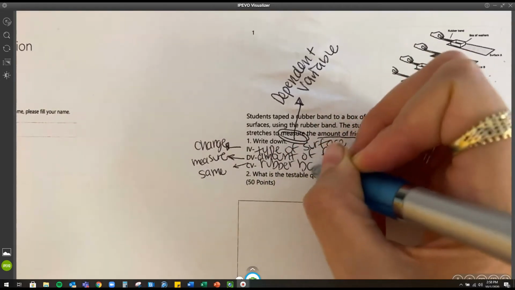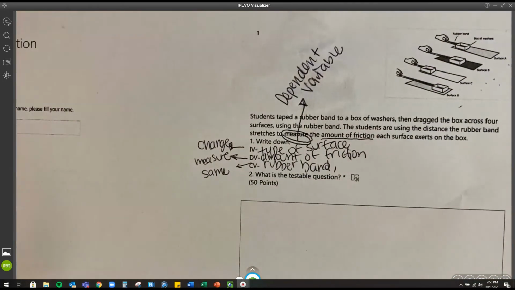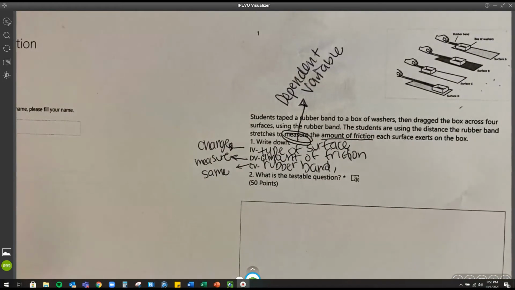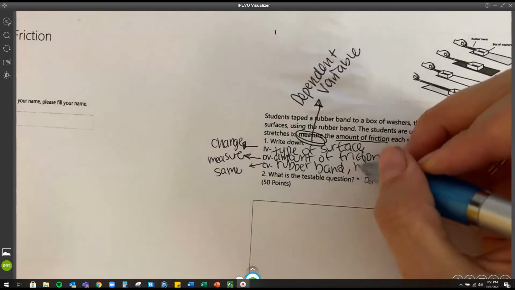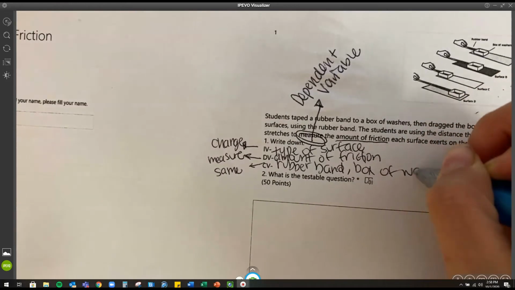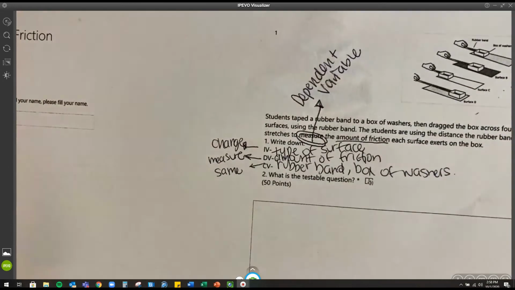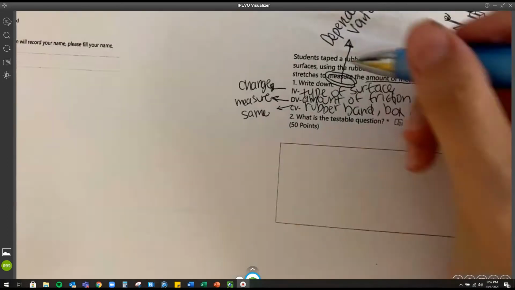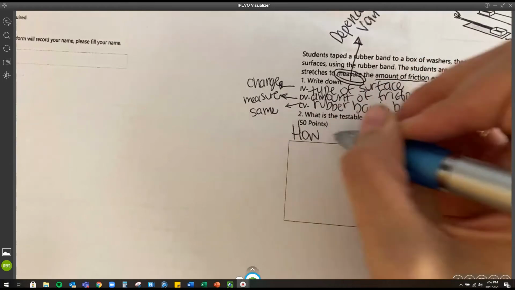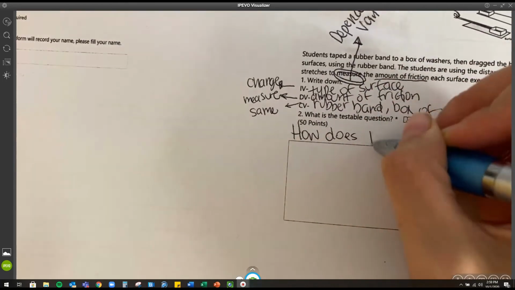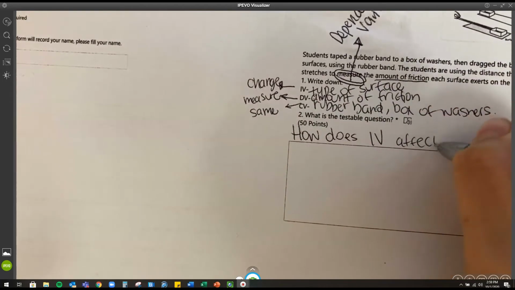We're not using a very loose one and a very tight one. We're using the exact same elasticity on the band. What other thing are we keeping the same, Cadence? Yes, the box of washers. Absolutely, box of washers.